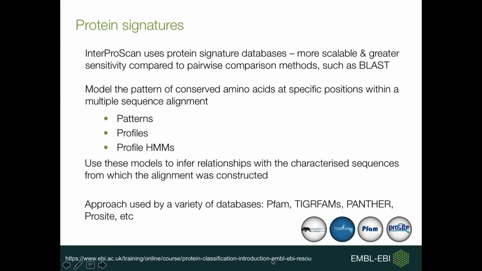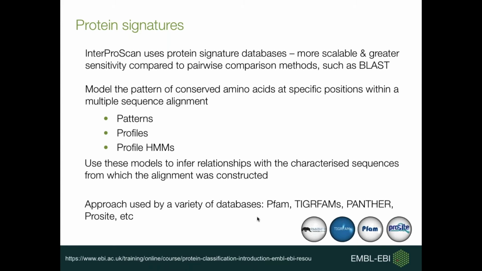I've put a link at the bottom of the slide where you can find more information about protein signature databases, the background behind them, how they're constructed, and so on. Essentially, what these are doing is taking a set of sequences that are related to each other, so they're members of a particular functional family or they share a domain, performing a sequence alignment, and then modeling the pattern of conservation at specific positions in the alignment.